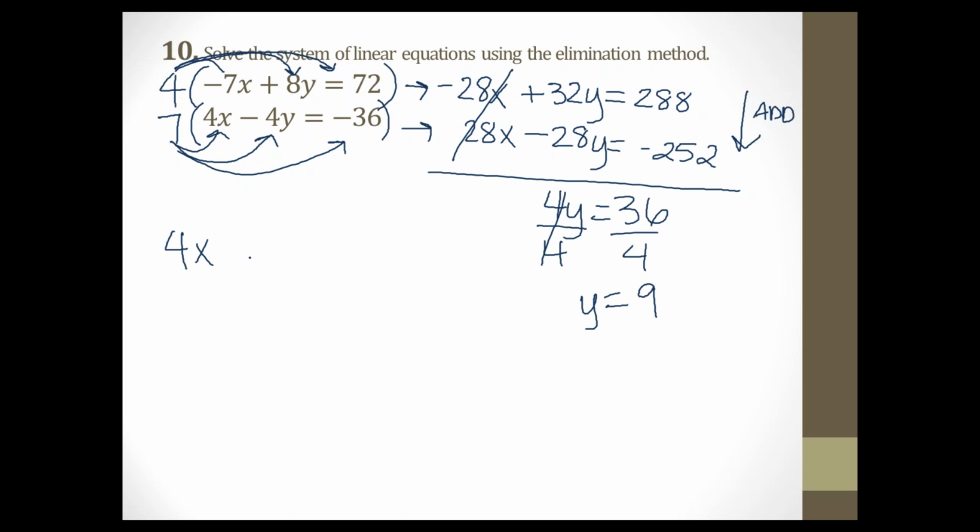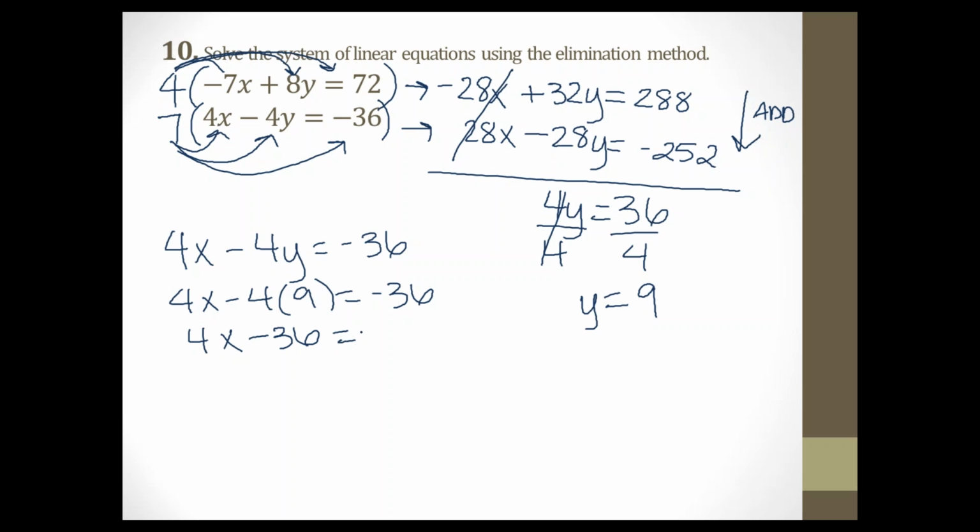So let me rewrite it. 4x minus 4y equals -36. So I'm going to plug in 9 in for y. So that's 4x minus 4 times 9 equals -36. So that's 4x, -4 times 9 is -36 equals -36.